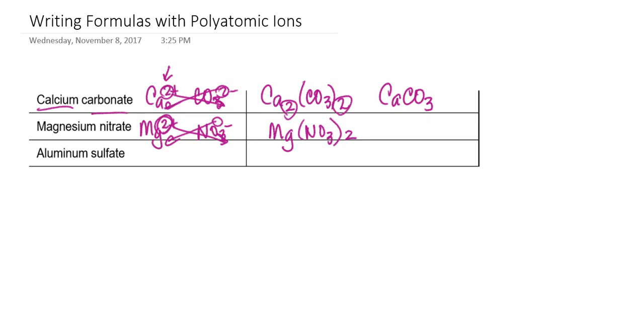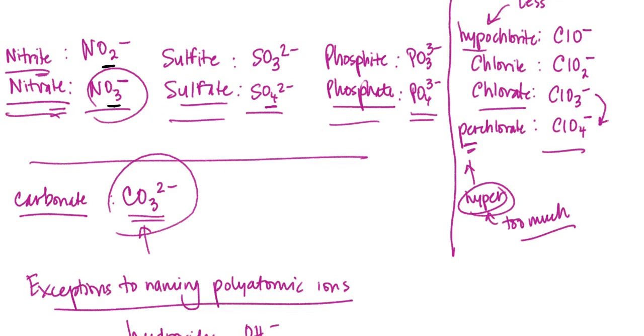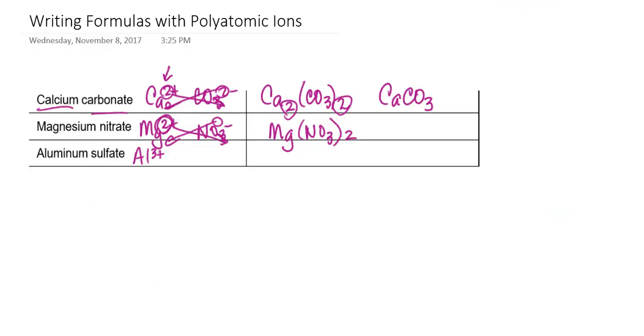Now let's look at aluminum sulfate. Again, based on last week's work on monoatomic ions, we should be able to tell that the formula for the aluminum cation is Al3+. And again, we just learned in the previous slide that sulfate is SO4 2-. I'm going to take my charges and cross them over.